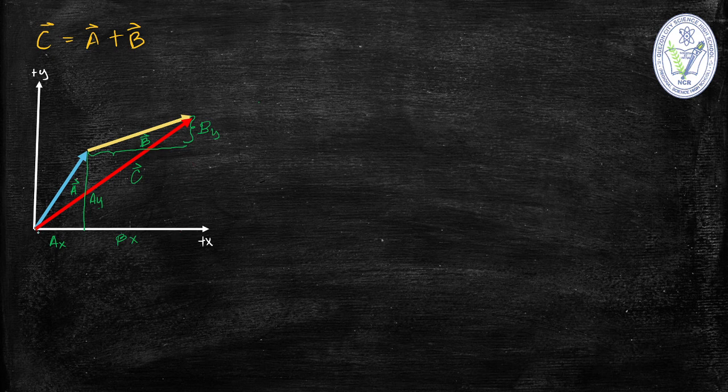What do we mean by that? Looking at vector C, this is actually the x component of vector C, and this is the y component of vector C. So from the diagram, we could see that the x component is actually ax plus bx, and the y component is actually ay plus by.